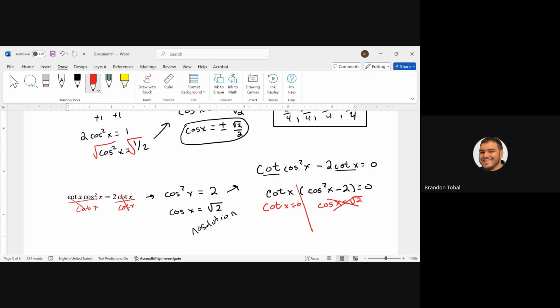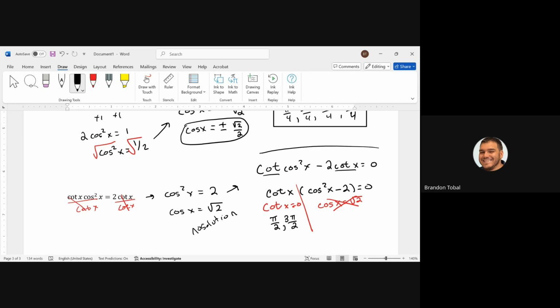But over here, cotangent of x equals 0. In this scenario, I do have some solutions. So your solutions where cotangent is 0 is basically when the slope is undefined normally. It's going to be at pi over 2 or 3 pi over 2. So the question is, which way do I do it?